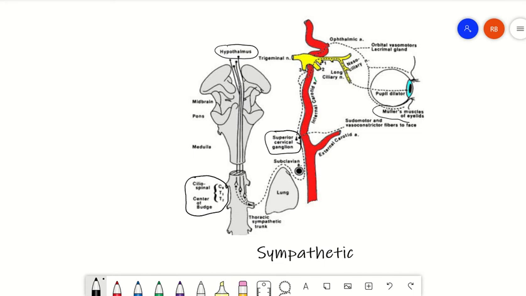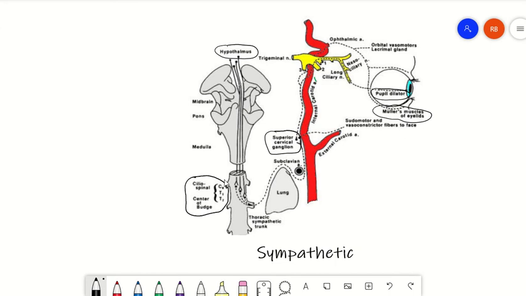So Muller's muscle, that is why we see the ptosis in Horner syndrome, because the Muller's muscle is not getting the sympathetic innervation as much because of, for example, a Pancoast tumor. So the sympathetic innervation is affected, so that's why it affects the Muller's muscle.